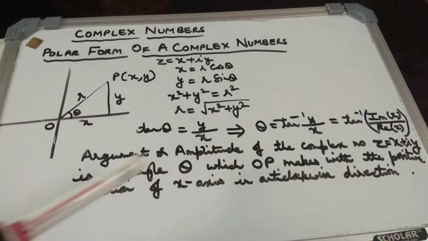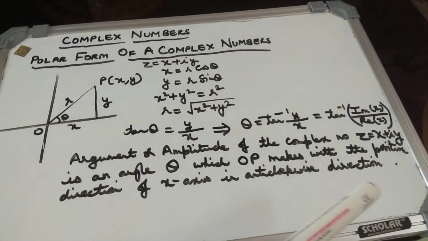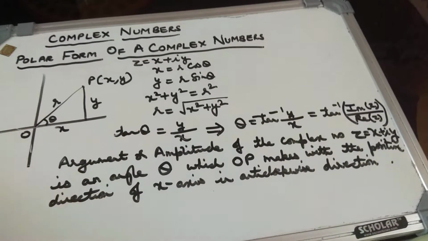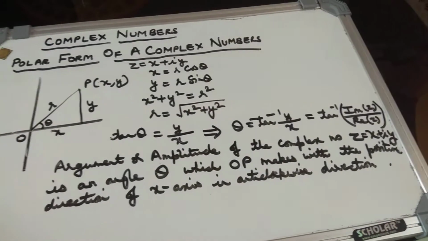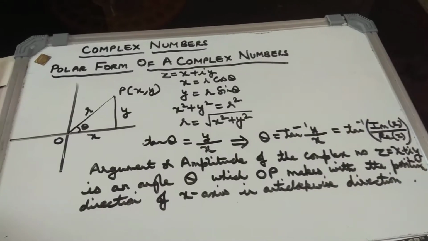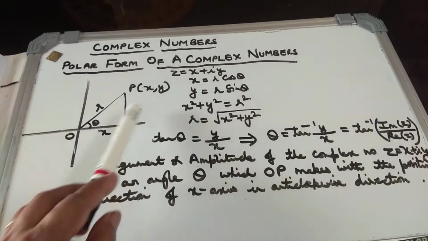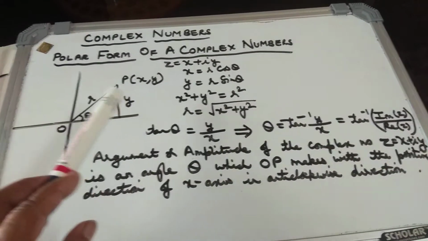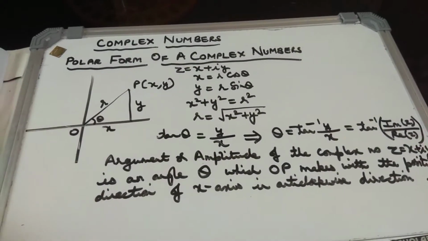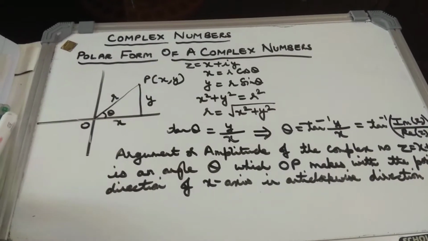Now, the argument or amplitude of the complex number z equals x plus iy is the angle theta which OP makes with the positive direction of the x-axis, that is in the anti-clockwise direction.